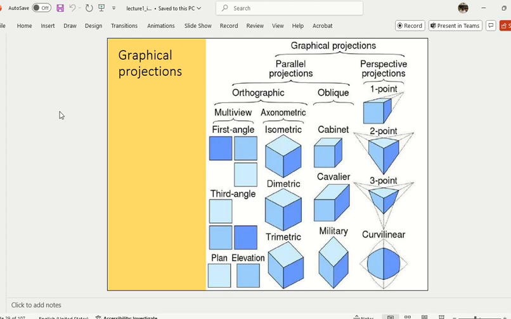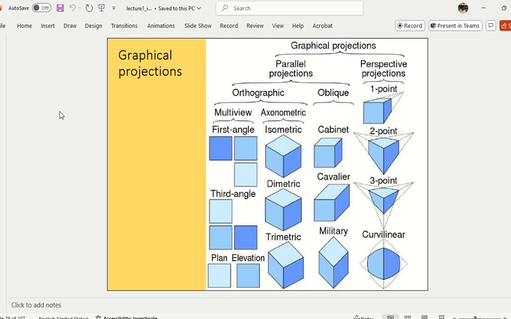So this is by first angle method. This is by third angle method. Do you see any difference in the shapes? No difference, right? Where is the difference? Only in the color.